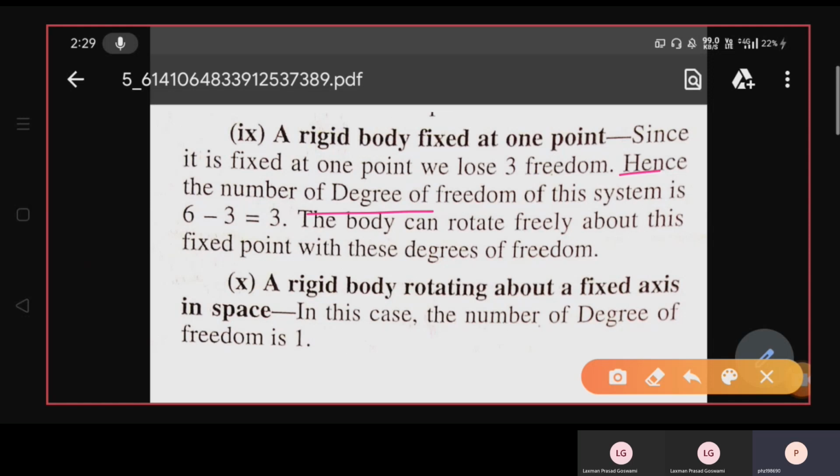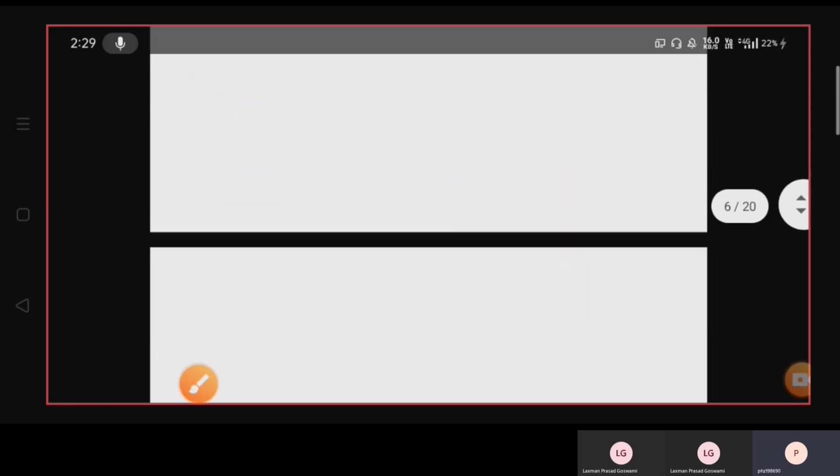Hence the number of degrees of freedom of the system is 6 minus 3. Earlier when it was free, it was 6. Now it is 3. Now consider this rigid body rotating about a fixed axis in space. The number of degrees of freedom will be reduced and it will become 1.